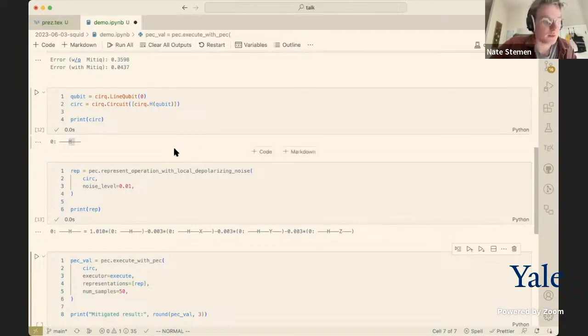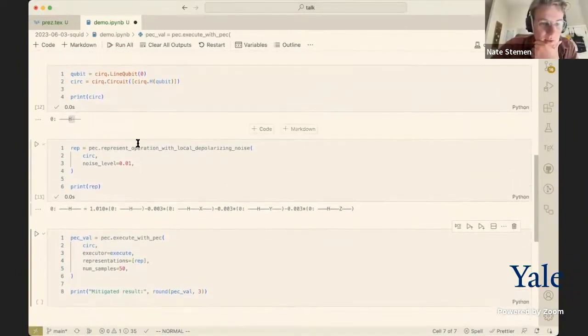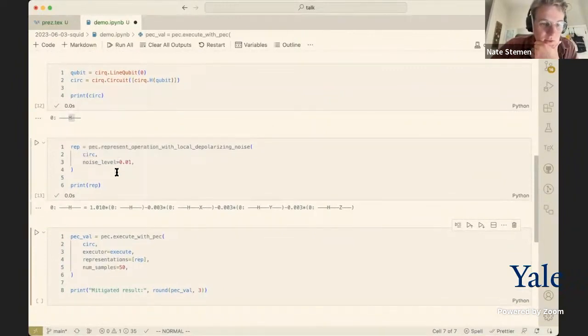And so we have a function in Mitiq called represent operation with local depolarizing noise. And so we get a nice description of what is actually happening down here. When we assume a depolarizing noise model, our computer is not going to be just doing a Hadamard gate.